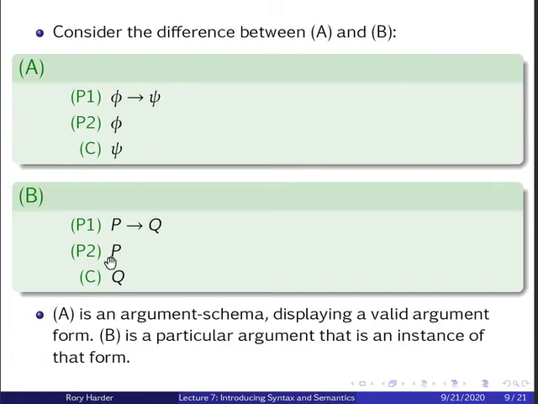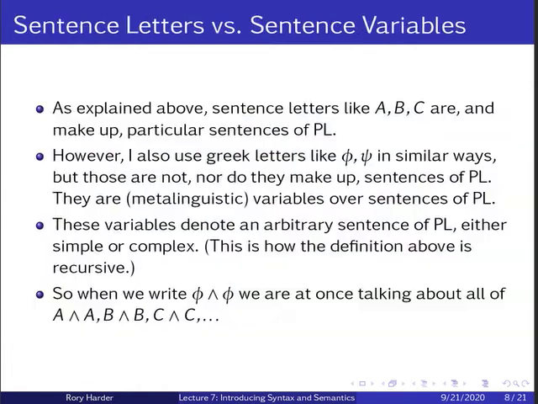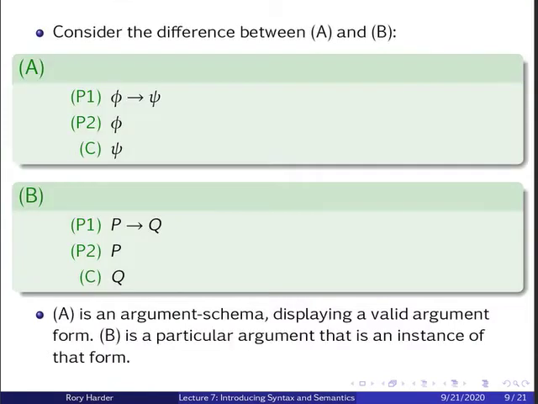So we know that P is a sentence, and we know that Q is a sentence. And then, given that, we can apply the rule for the conditional, which says that if you have two sentences, then you can connect them with the conditional sign. And that's how we know that premise 1 is also a sentence of our logic.